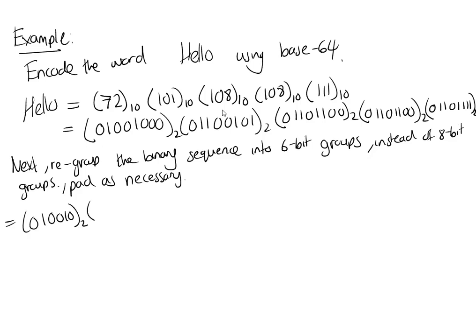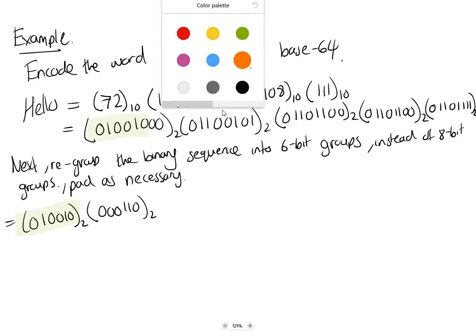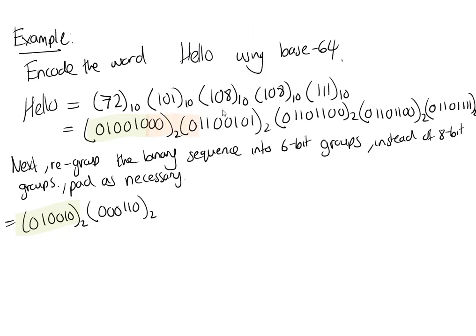So this now becomes 010010, 000110. In other words, you see this part here, 1 2 3 4 5 6, that part there is this part here. And then let's change the color, 1 2 3 4 5 6, that part there is this part here. Then what's the next one?